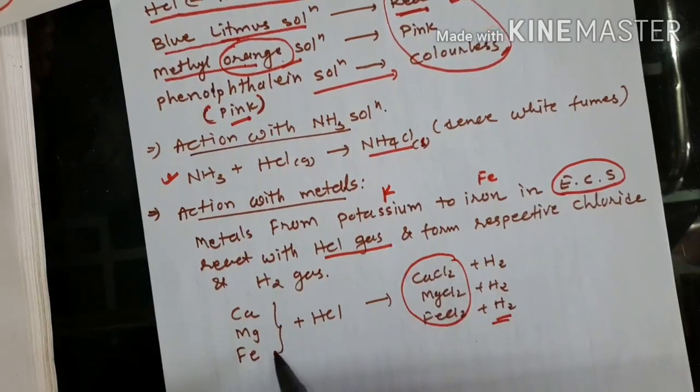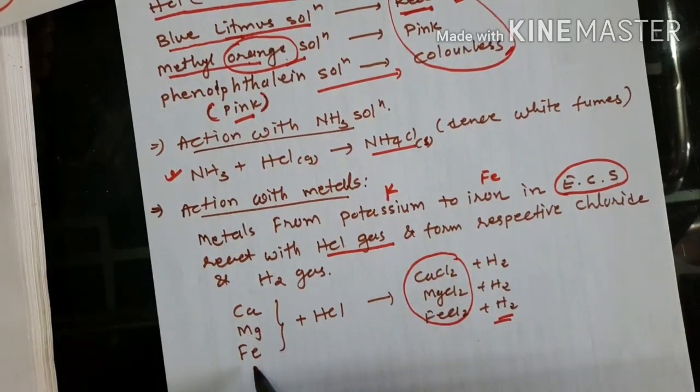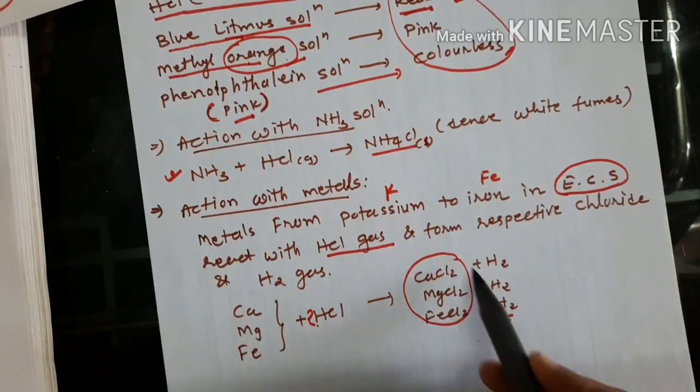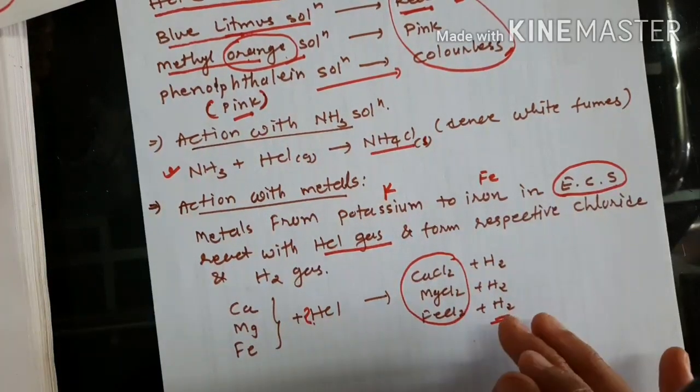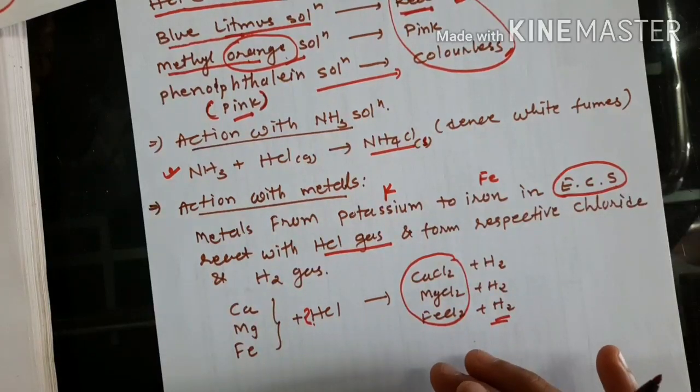Some examples are calcium, magnesium and iron. When they react with HCl, they convert into the respective chloride of the metal, and hydrogen gas is produced. So here the chemical properties are over.